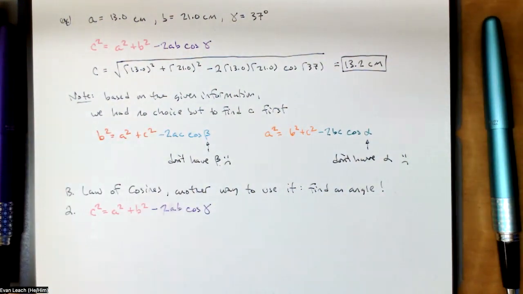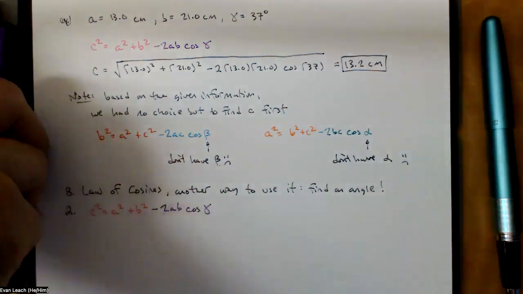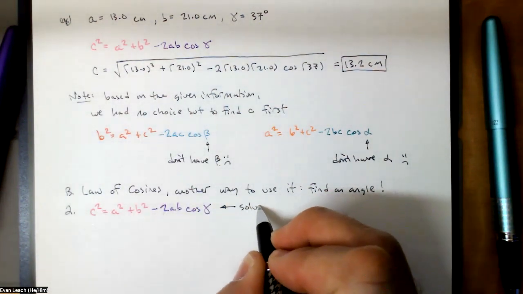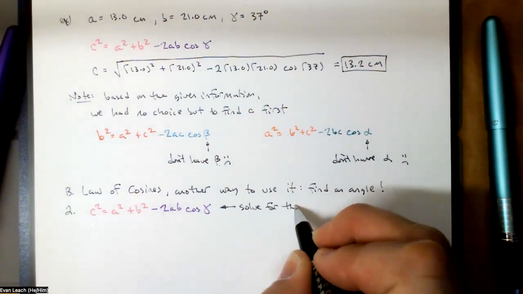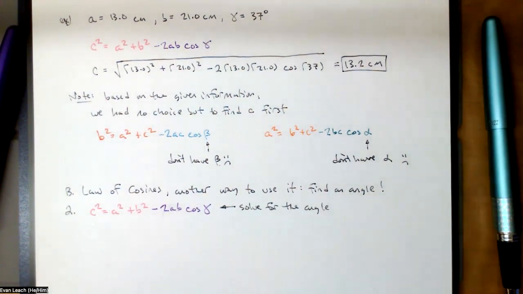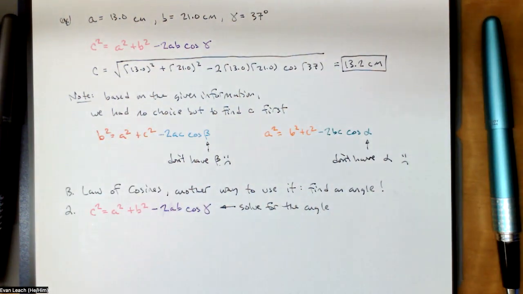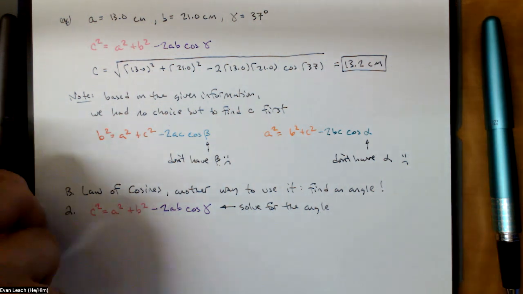What we're going to do is take the law of cosines and solve for the angle. We're going to be solving for an angle, so we know that an inverse trig function is going to show up, because that's how we find an angle. We use inverse trig functions. So let's just get the cosine of gamma by itself and then cosine inverse.